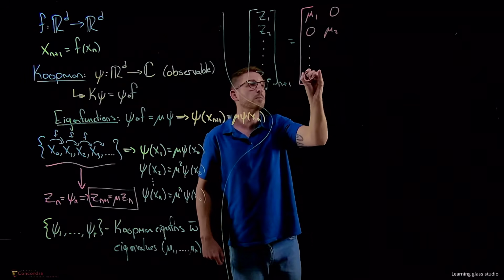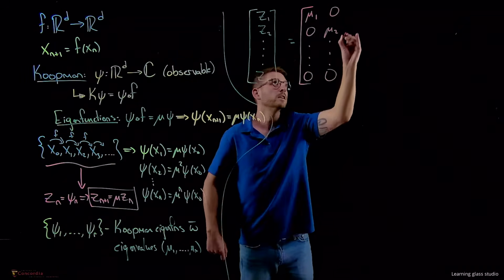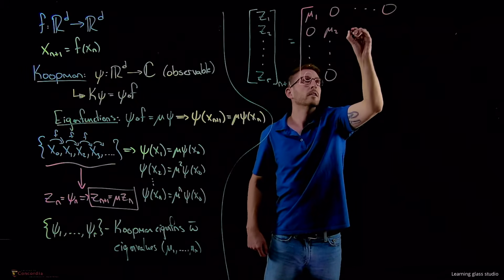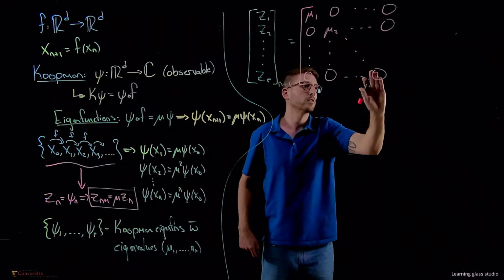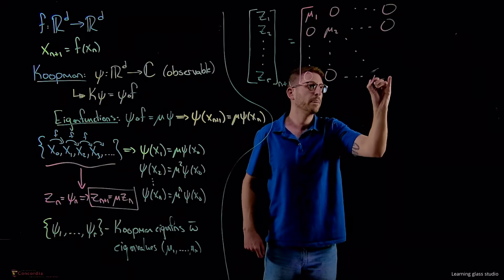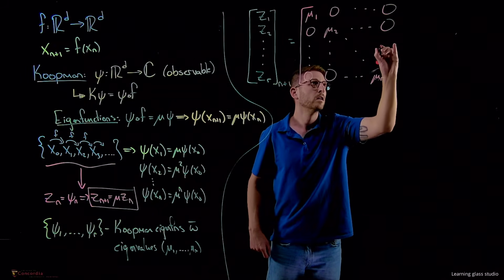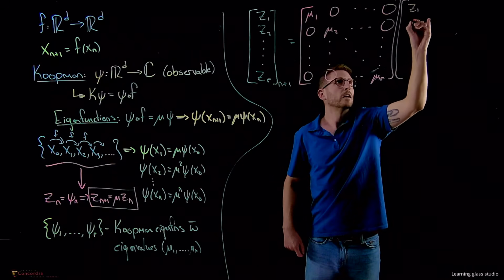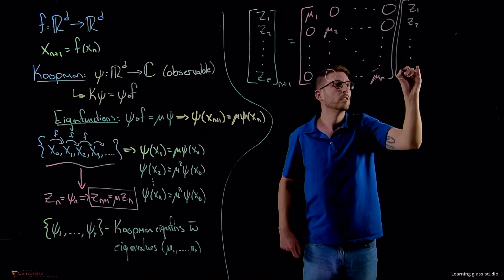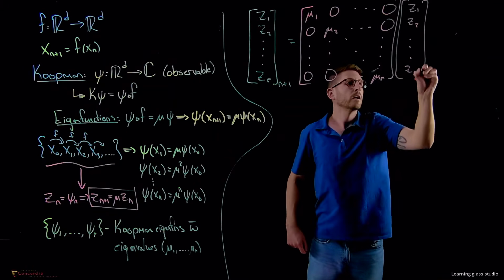Life doesn't get much better than that. Honestly, as a mathematician, I can say that with perfect honesty and clarity. Look at that. Sorry, this is mu r down here. And then Z1, Z2, Zr at time n.